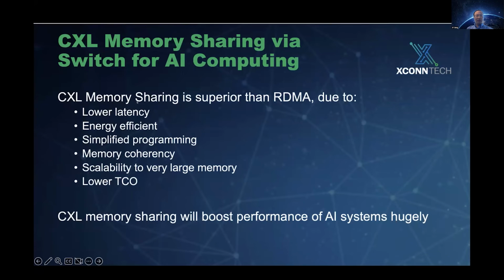Also, the memory sharing operation model is more like load and store, so you don't have to transfer data across nodes through a network. That saves a lot of energy and also simplifies your programming. Plus, CXL has memory coherency already defined, which gives a lot of advantages for this memory sharing.